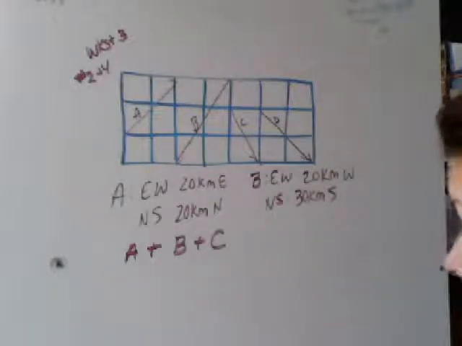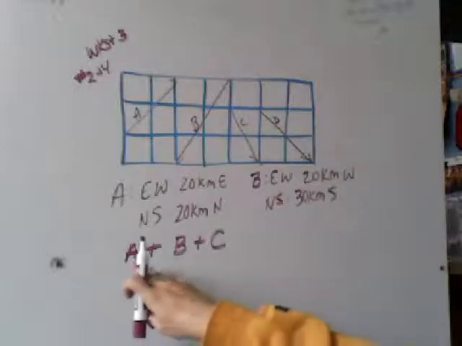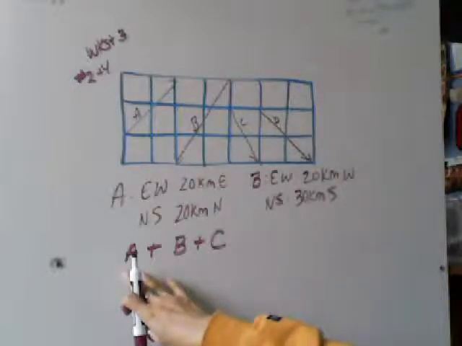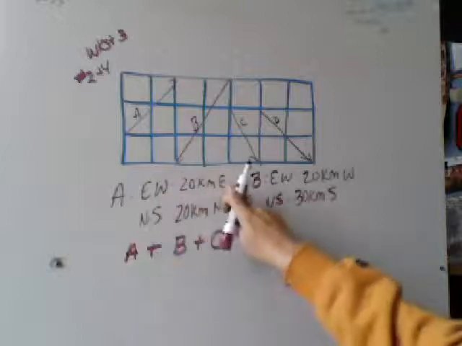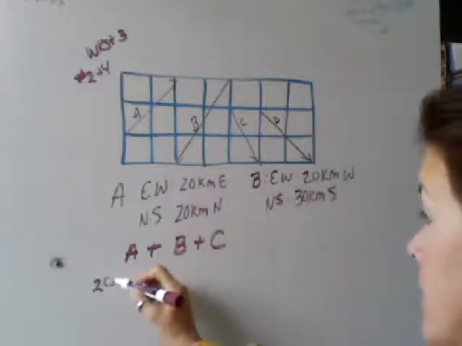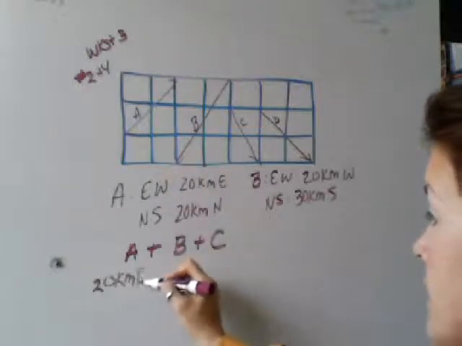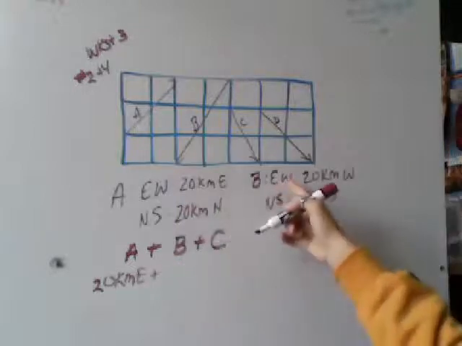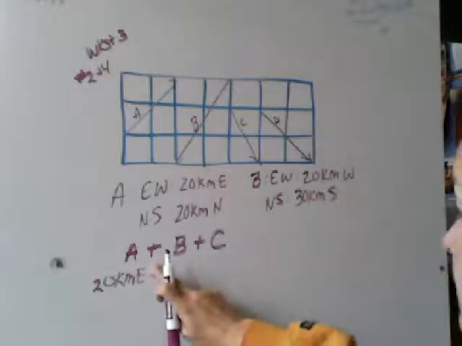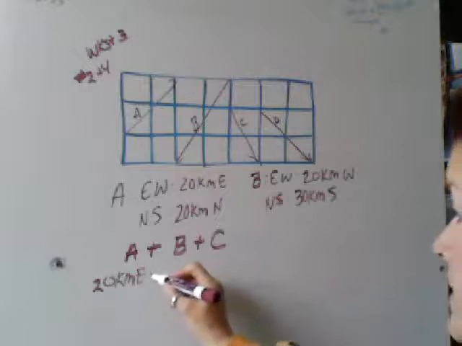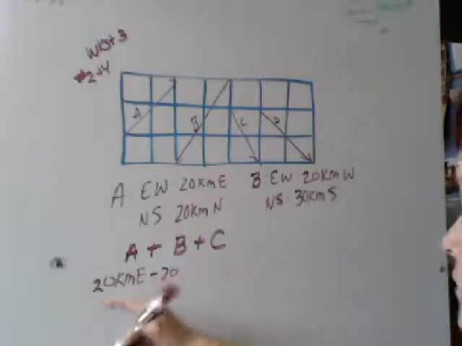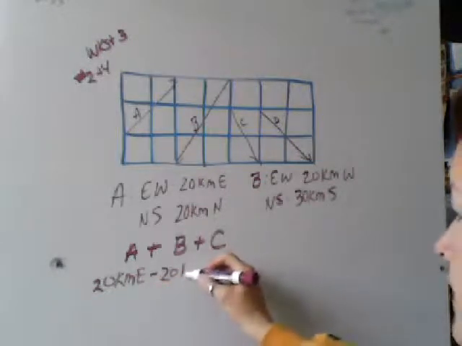So we do the same thing here. We look at the east and west components for vector A. We said it is 20 kilometers to the east, and for B it was 20 kilometers in the west. So we know that vectors in opposite directions get subtracted, where one has a positive and one has a negative value.